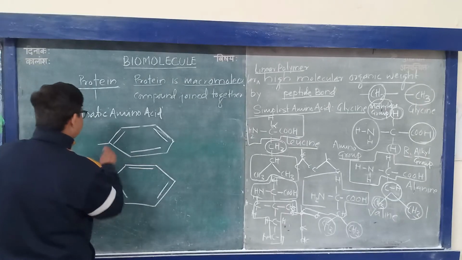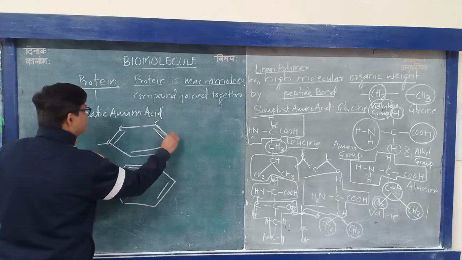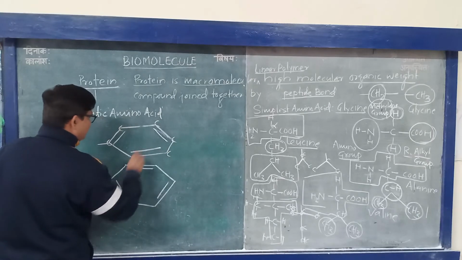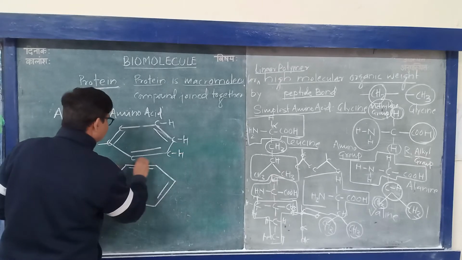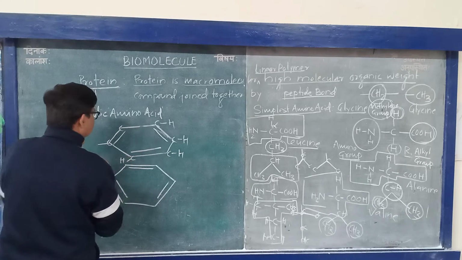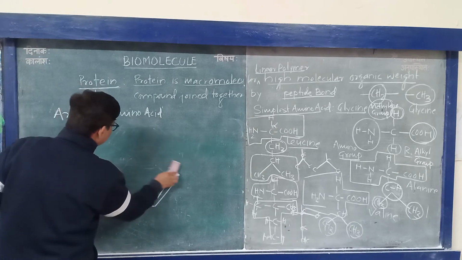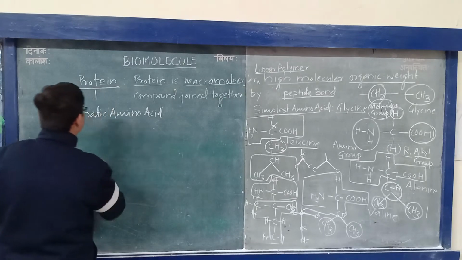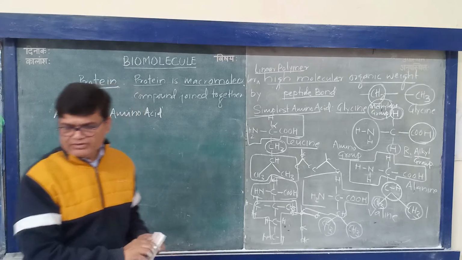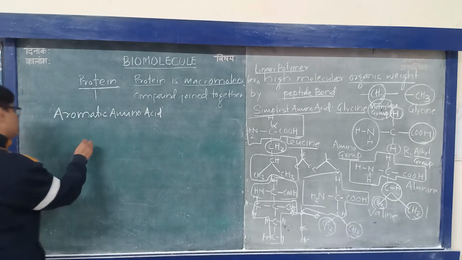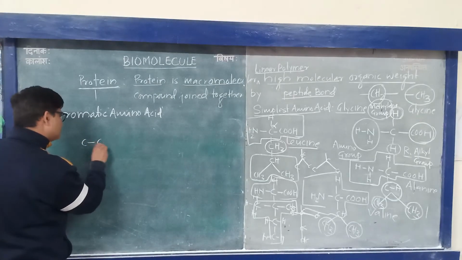Okay, so here there will be carbon, carbon, carbon, carbon like that. And then you can add hydrogen, hydrogen like that. So I am just trying to draw the aromatic amino acid. For that, you simply have to learn the head of the amino acid.